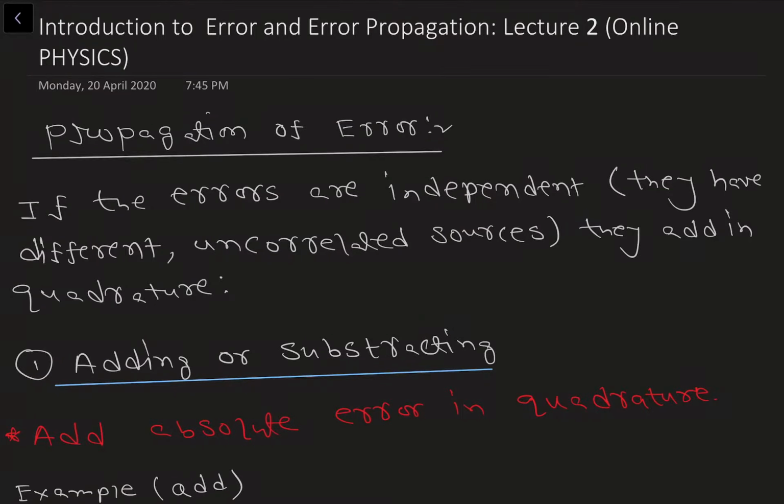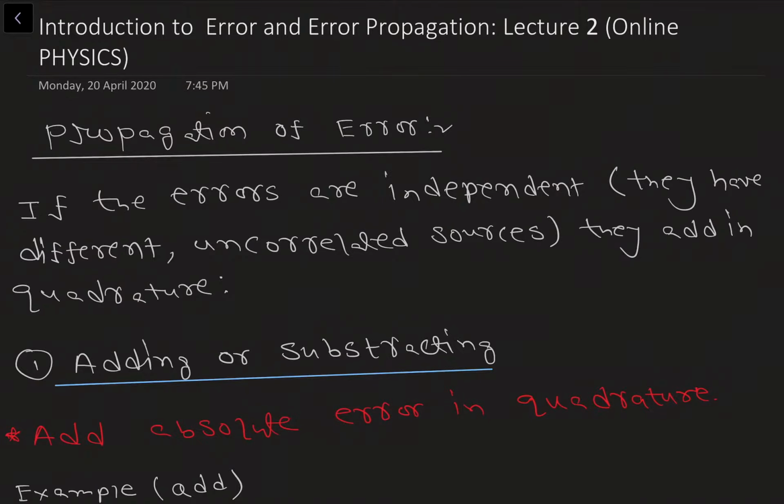Now first let us discuss the rules in case of independent error. Independent means the measurements have different and uncorrelated sources. If you compare a length measurement and a mass measurement, these two errors are independent.